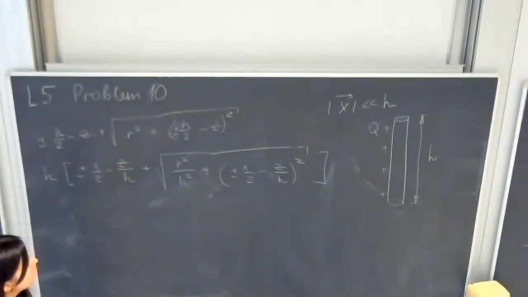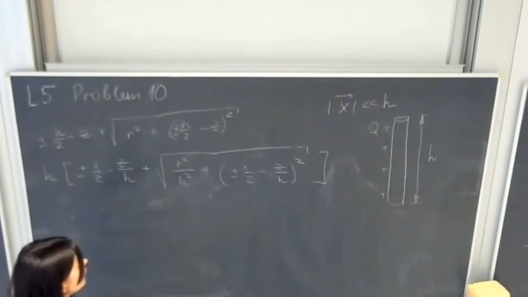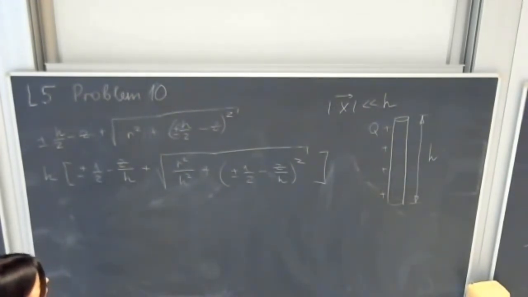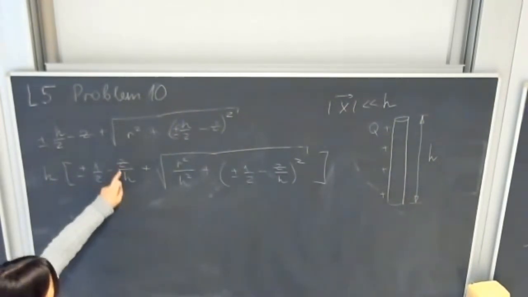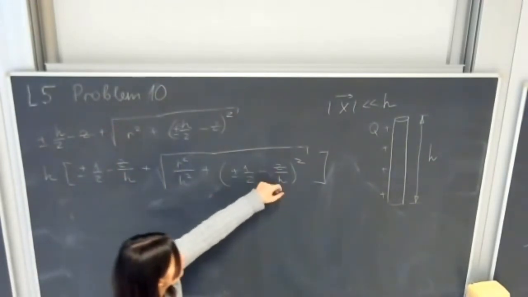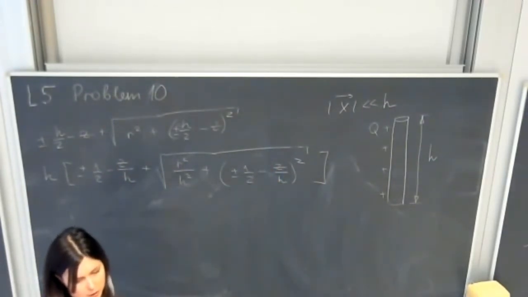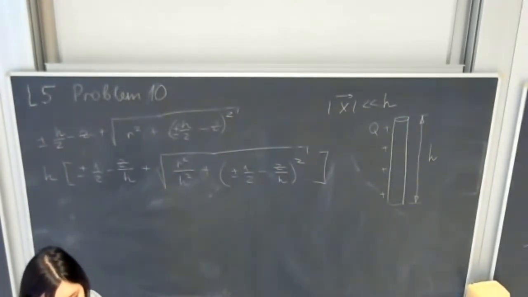Okay, that's what I have for the expression, the natural logarithm. And since h is big, we know that z divided by h is small. This one is also small, and this one is also small, due to our conditions in the problem.